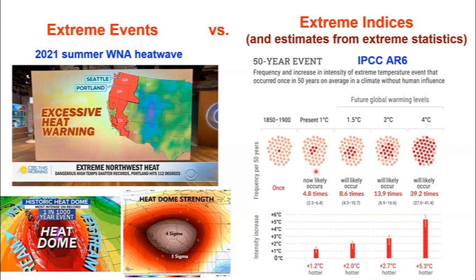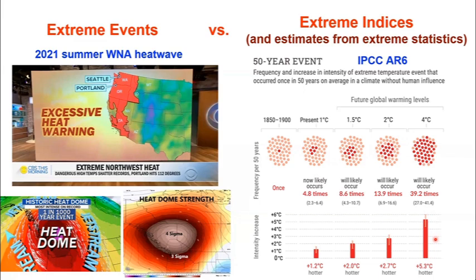Here, the IPCC says that events which occurred every 50 years in the 19th century, after 4-degree global warming, pretty much occur every year. And when they occur, the intensity or temperature during those events increases by more than 5 degrees. So those are typical things you see.